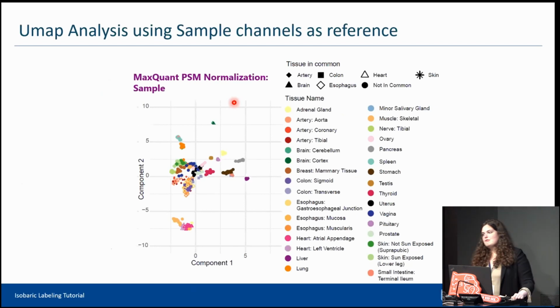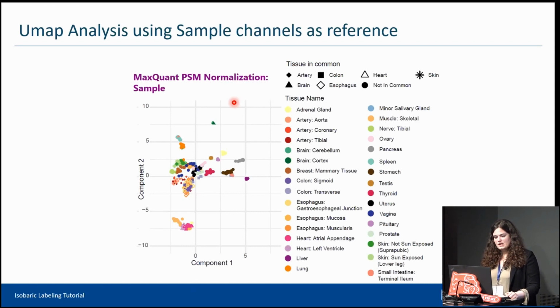But at the same time, we also realized that in case you don't have the reference channel, you can always use this PSM normalization, and it's actually working pretty well. Using only the sample channels is also the best choice.